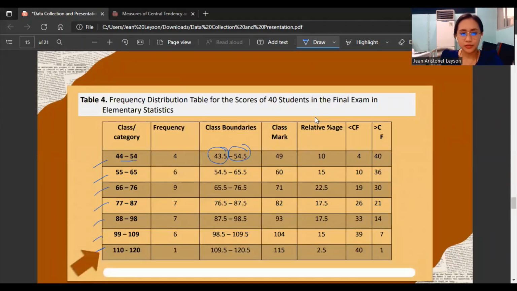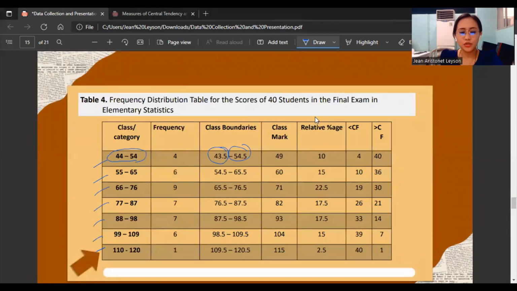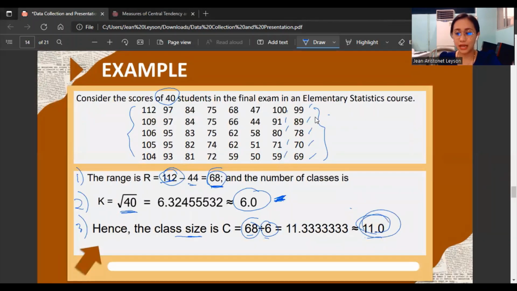Now, here, we can observe our class size or the interval from the lower limit to the upper limit. It should be 11. So let's count. Lower limit is 44. Going to the upper limit, that's 44, 45, 46, 47, 48, 49, 50, 51, 52, 53, 54. So that is 11. The class size is 11.